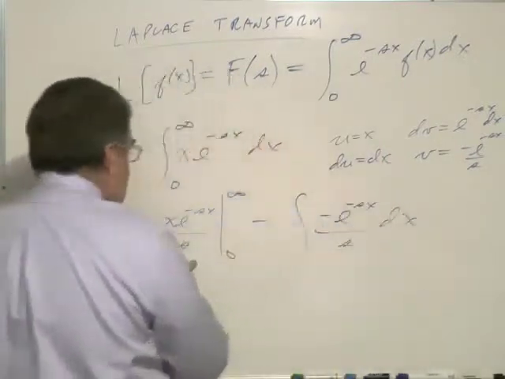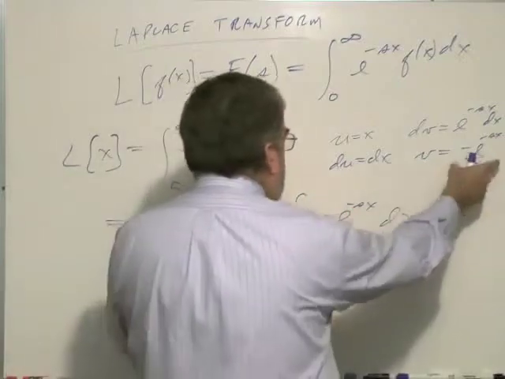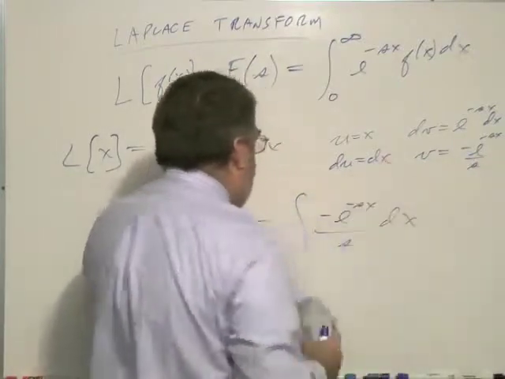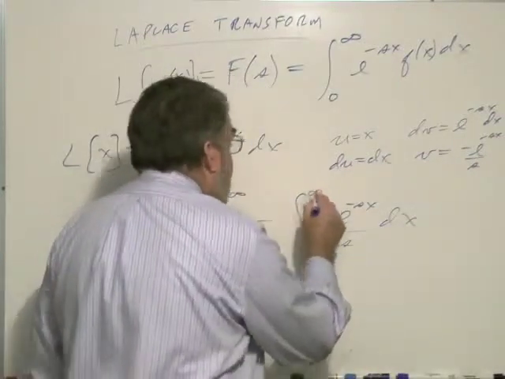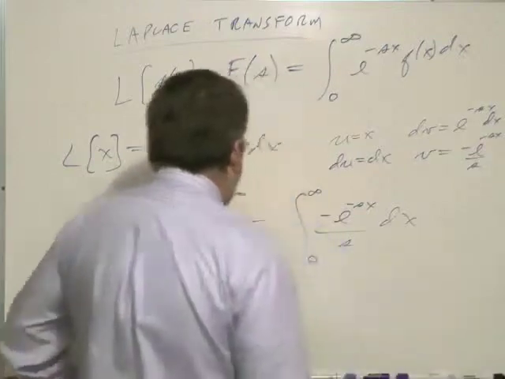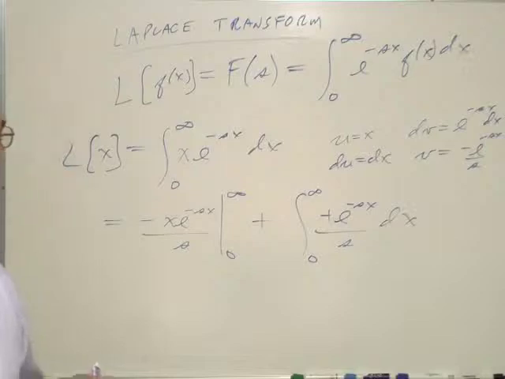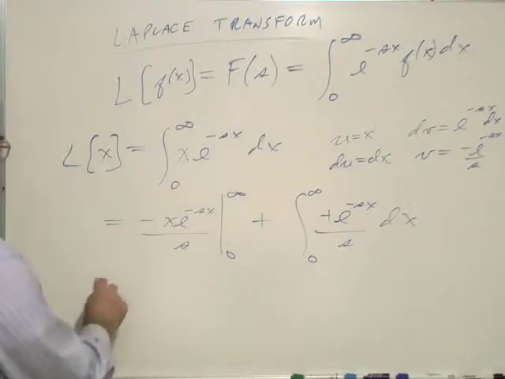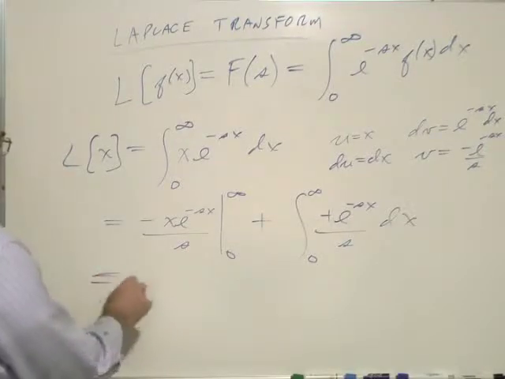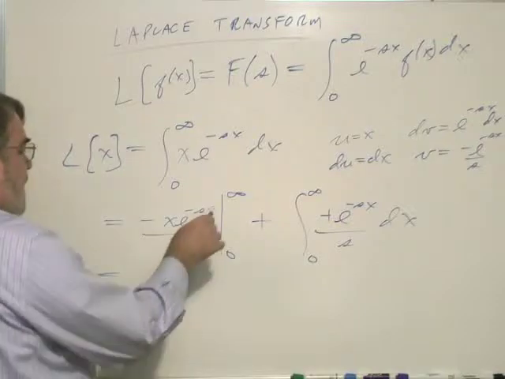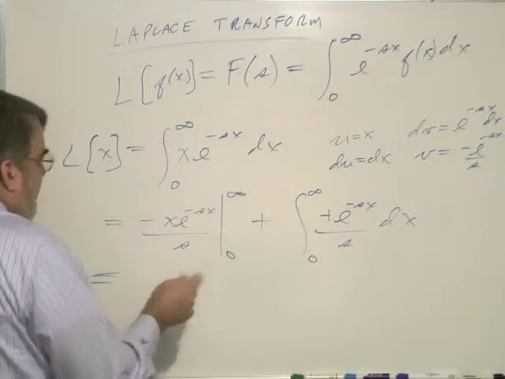So u times v minus the integral of v du from 0 to infinity. And those negatives cancel. Okay. So we end up with, what do we have here? If I plug in infinity, I better write that as a limit.